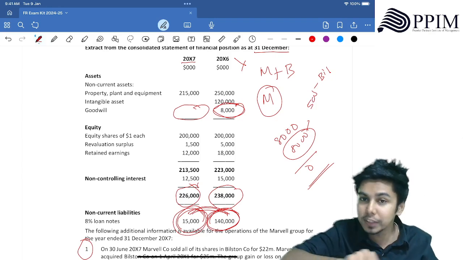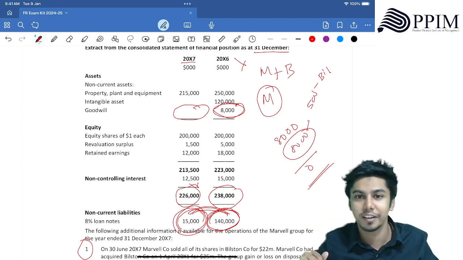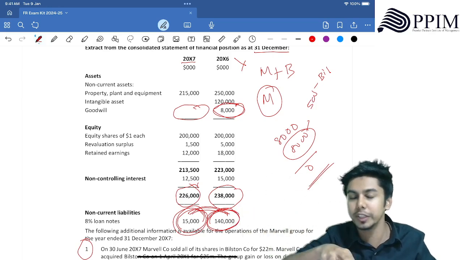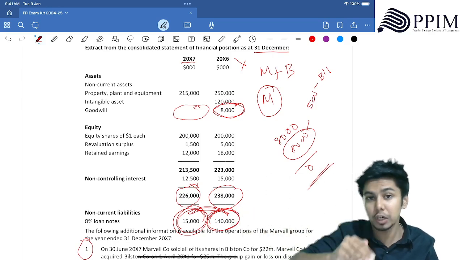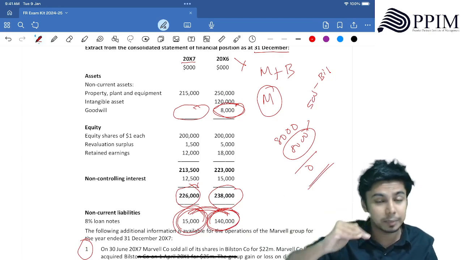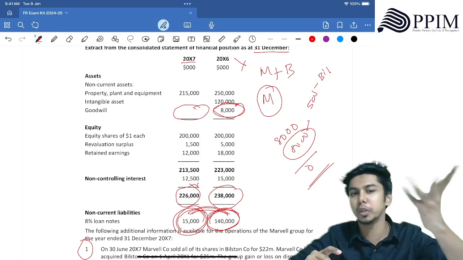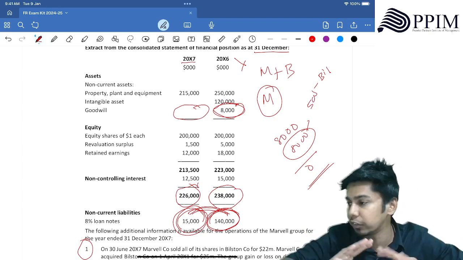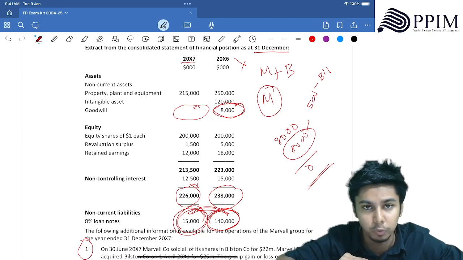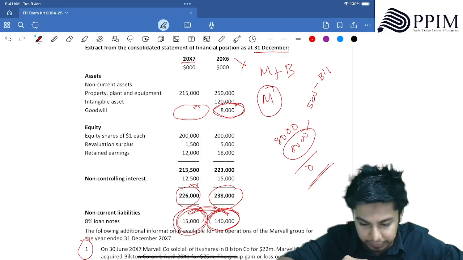Or maybe all these loans are Bilston's loans, and once we remove Bilston, we no longer need to show that loan. So because of that drop, our capital employed has reduced tremendously because we sold Bilston. But still, we are unable to improve our ROCE because our operating profits are quite low. So that is the reason we can give.